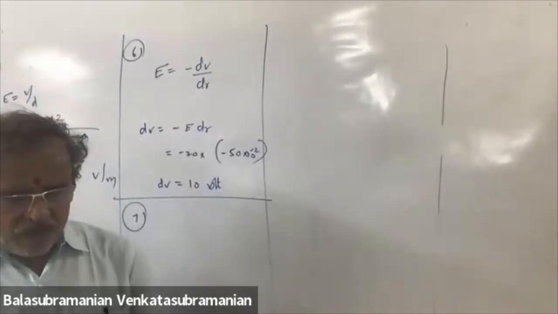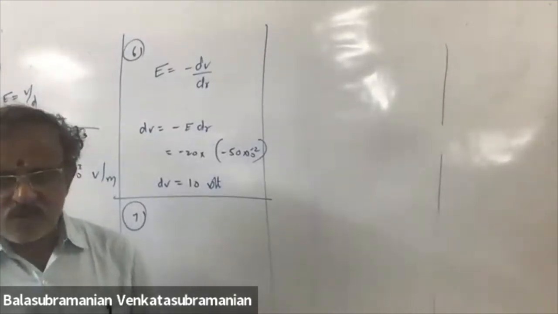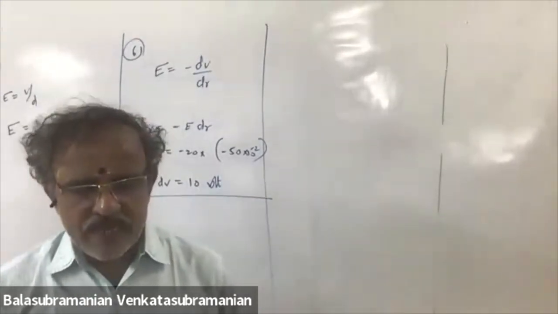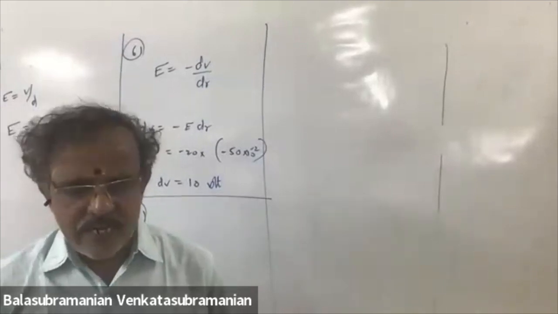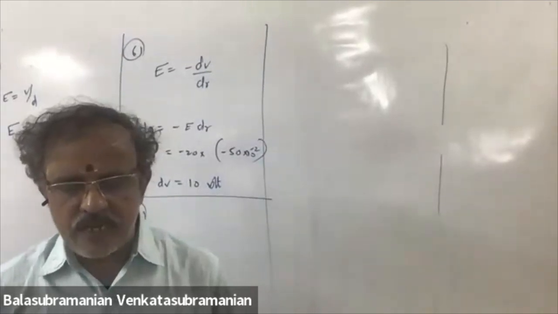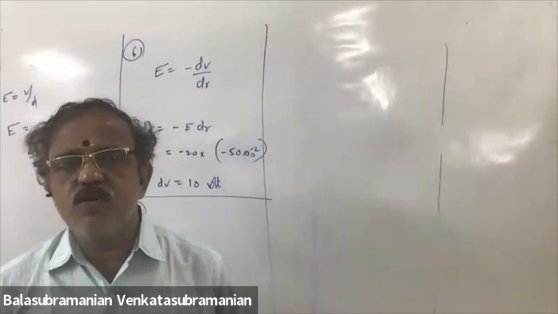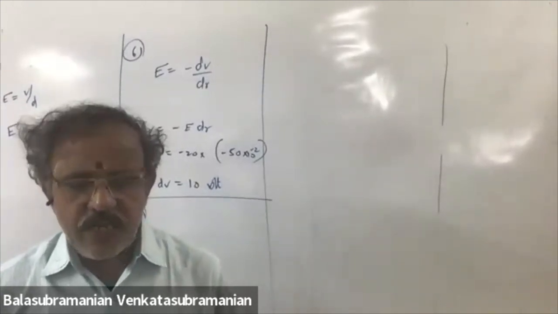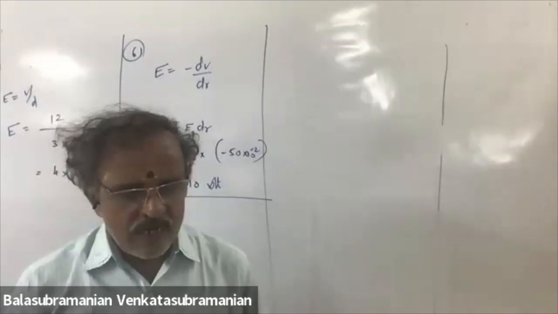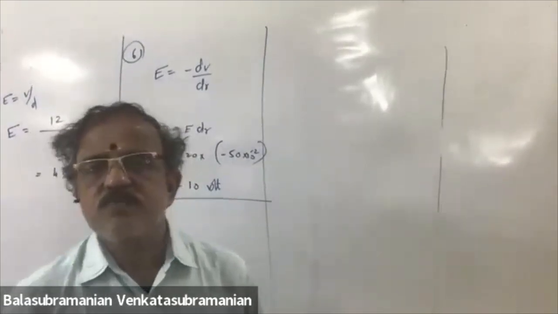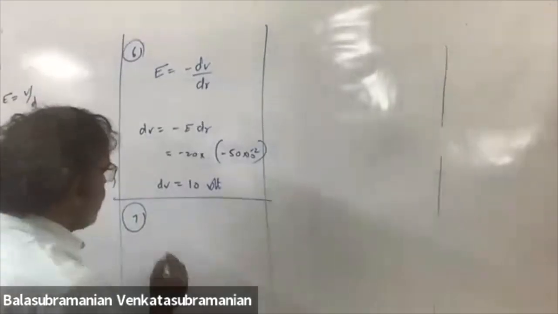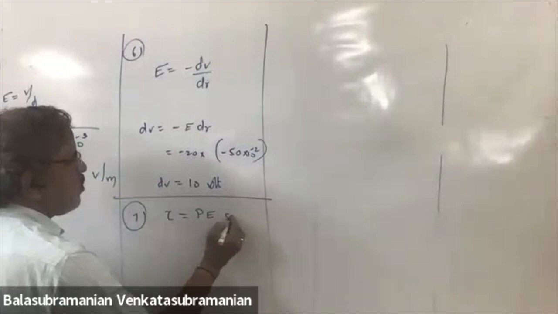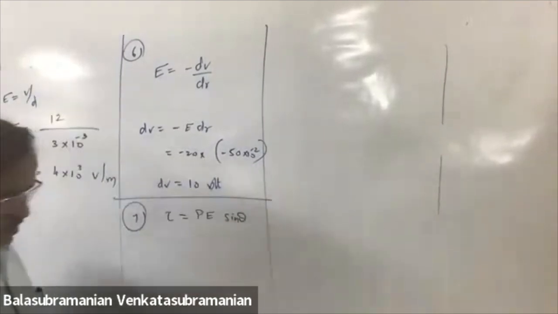An electric dipole of length 2 centimeter is placed with its axis making an angle of 60 degree in a uniform electric field of 10 power 5 Newton per coulomb. If the torque is 8 √3 Newton meter, calculate the magnitude of charge. Any question, first write the formula. Torque tau is equal to PE sin theta.